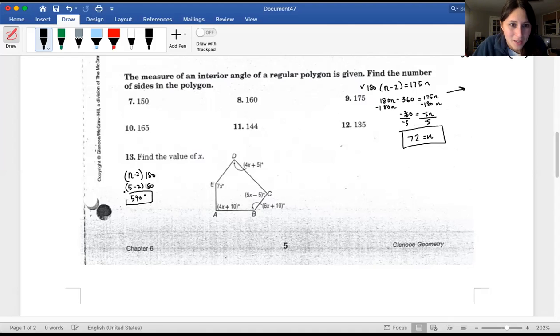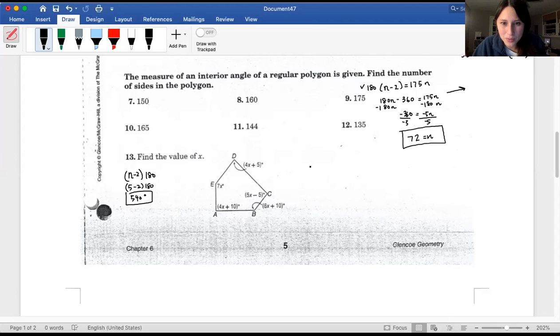So that means the sum of all these angles in this whole pentagon is going to be 540 degrees. So if I wanted to find x, couldn't I just say that angle A plus angle B plus angle C plus angle D plus angle E, all of them added to each other, equals 540? I sure can. So I'm going to do that.